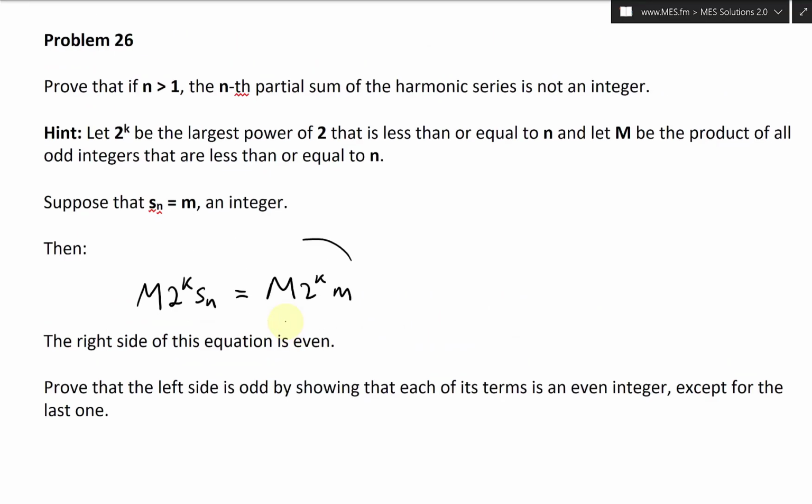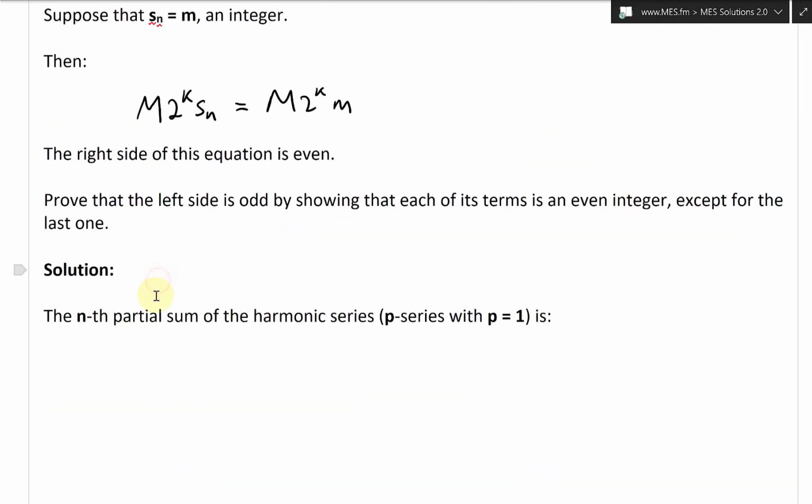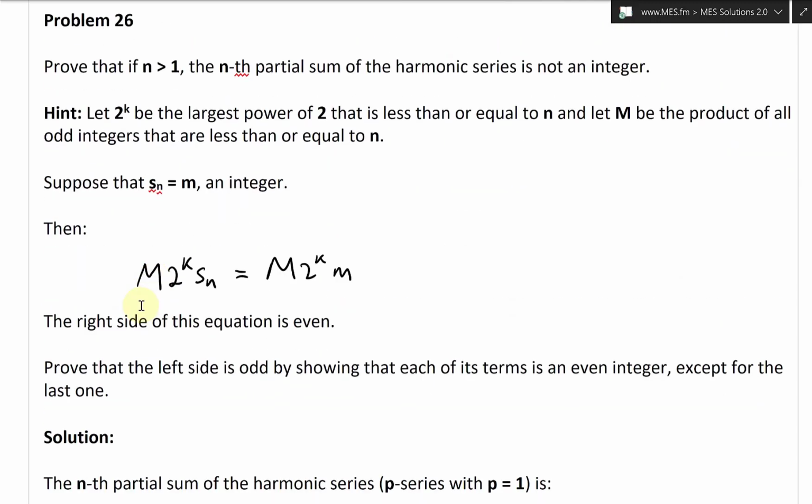So basically they're saying this is even, and then they're saying show that this is an odd number. Then this equality is false. Hence this supposition is wrong. So then the nth partial sum is not an integer. So that's the idea. Alright, so now let's take a look at the solution.